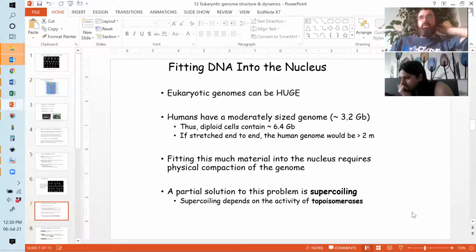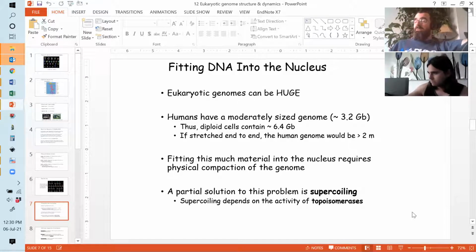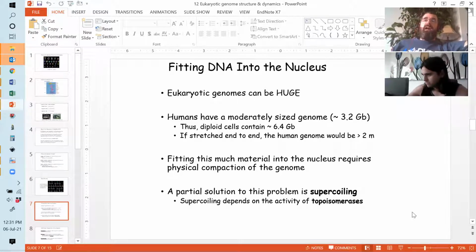This is called supercoiling. Again, an issue that we encounter in DNA replication ahead of the replication fork. DNA gyrase is a type of topoisomerase, and you can actually use topoisomerase to induce more supercoiling, so you can pack the DNA in even more tightly.